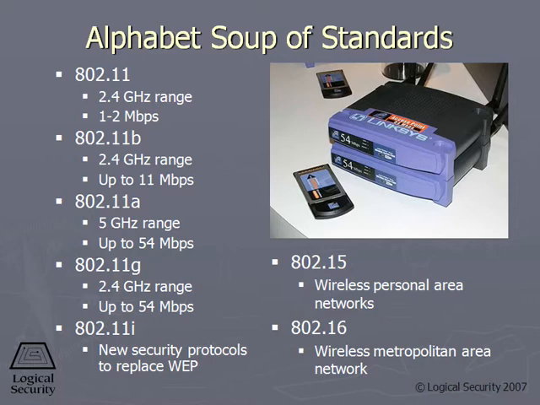The second methodology was direct sequence spread spectrum. And the third one was frequency hopping spread spectrum. So this got you up to about 2 megabits per second and operated in the 2.4 gigahertz frequency range. Again, about 4 inches in length in airspace.